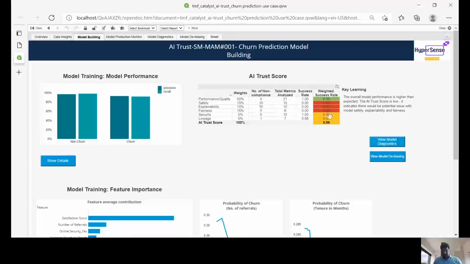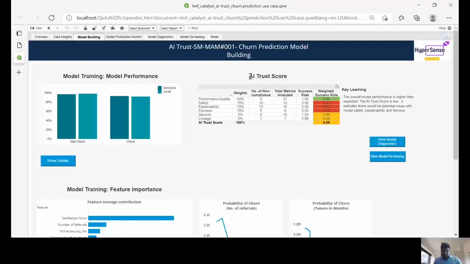And this table is also telling me that the model has really not fared well on safety, explainability, fairness, etc. Right now, in the canvas, you have seen the explainable operators. I think those operators are used later before calculating this trust score.